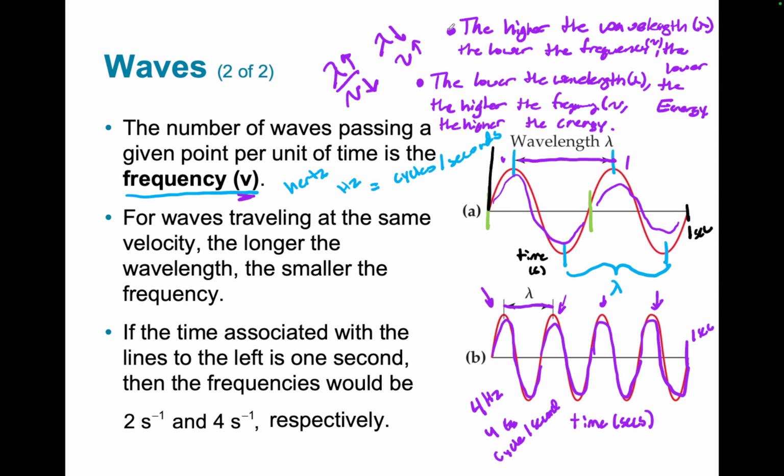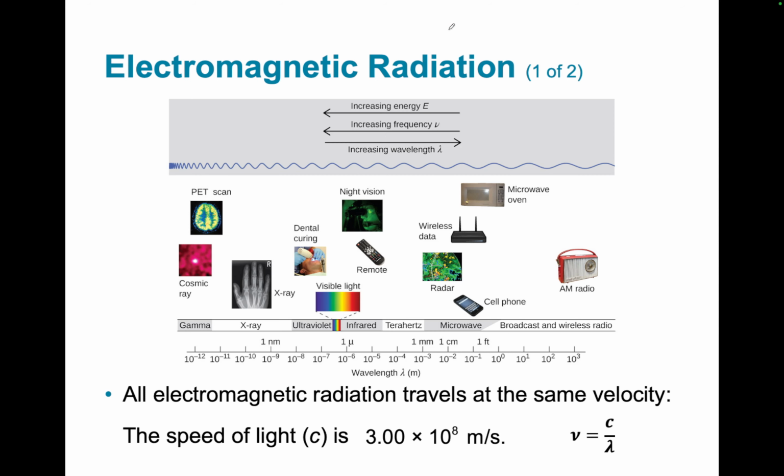Very big points. Okay? So this is just kind of a little plot that shows you the relative energies of different electromagnetic spectrums and their wavelengths. And so, like I was saying before, here's the visible spectrum, which is actually a very small part of the entire electromagnetic radiation, right?